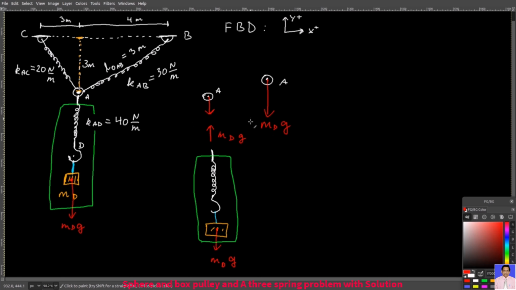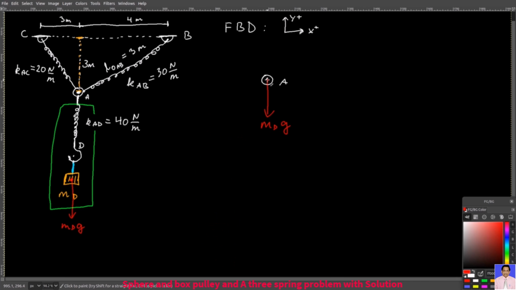And that's why I know that I have md times g here. And now I have two more forces. I have a force here, let me call it FAC. And since you have 3 meters here and 3 meters here, you right away know that this is 45 degrees. Then you have another force, FAB, and let's call this angle theta, but it's easy to calculate because you have 3 meters here and 4 meters here.